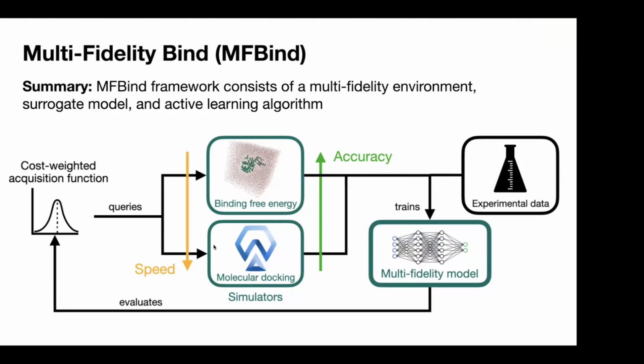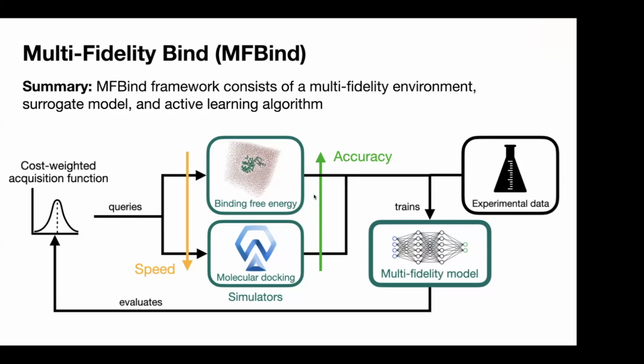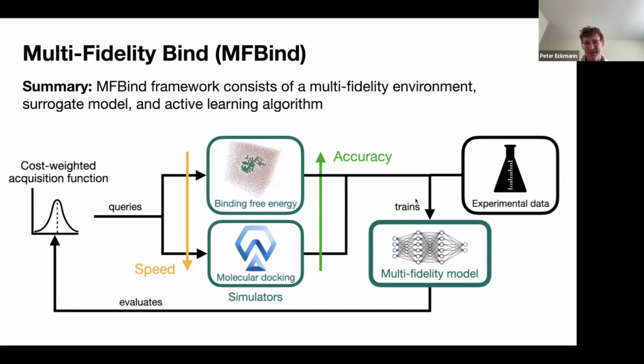We can see that docking has more speed, but is less accurate, so we let the model choose what to query here. And then we take that data and append it to the data set that we have, which includes experimental data, and then use it to train the multi-fidelity model. After we train the model, we can use it to reevaluate the acquisition function, and the process repeats.